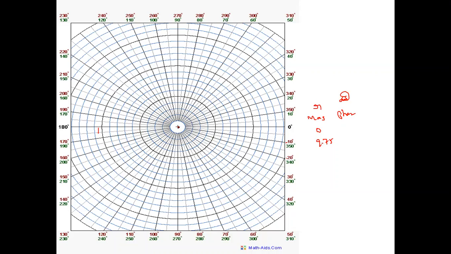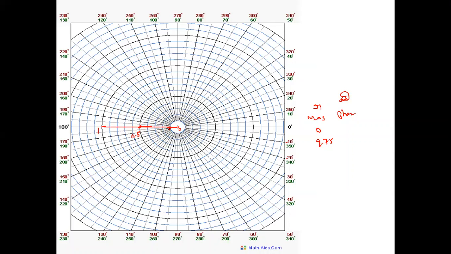See, from this 0 point, this first value I'll keep as 0.5. This is the radius 0.5, and this is radius 1 from the center. From the center you can see between 0 and 0.5 how many divisions are there.